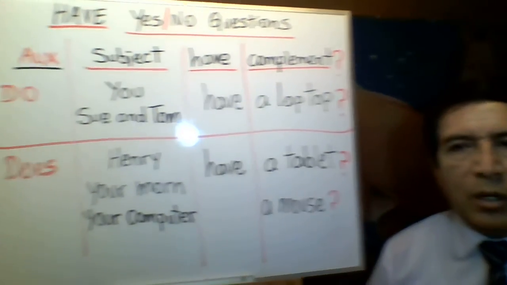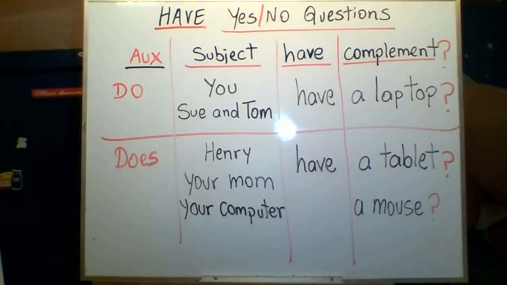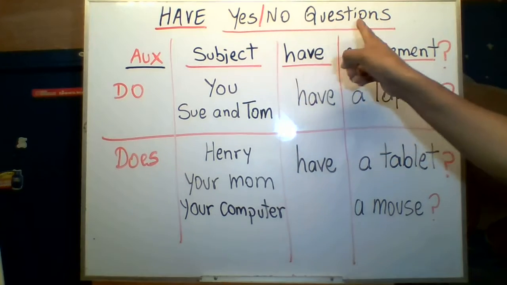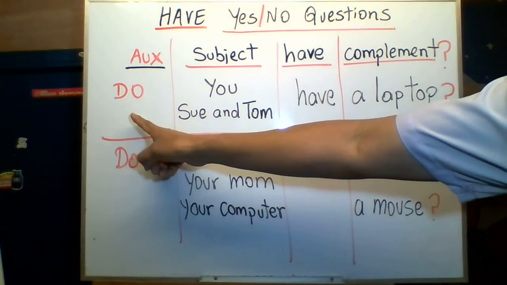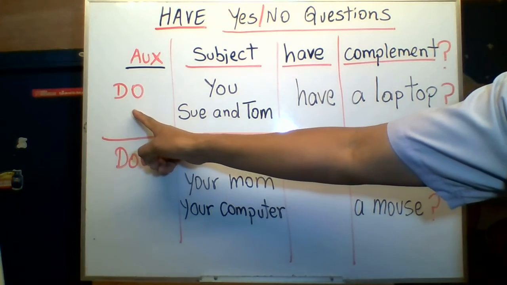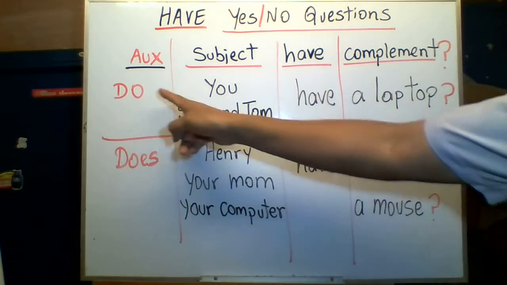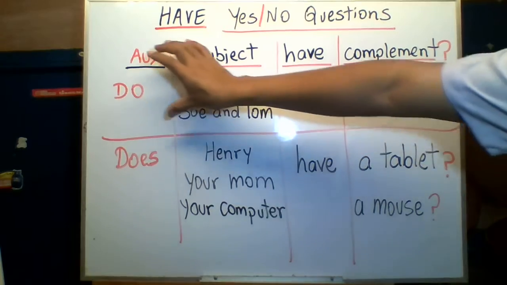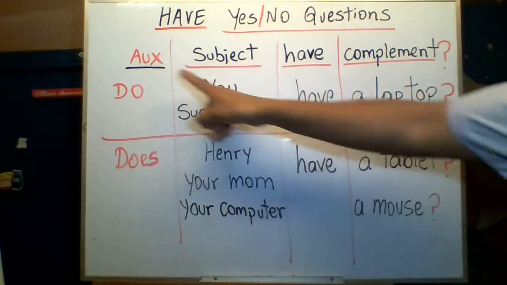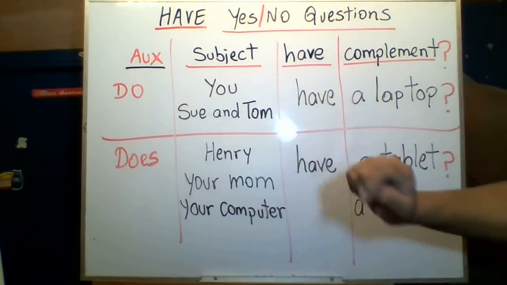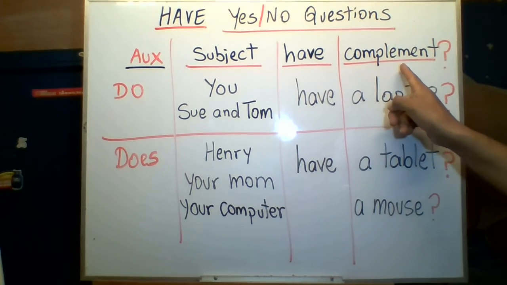For example, look at the board. Today we have the questions with the auxiliary do for you, they, we, and I. You need this structure: auxiliary, subject, the verb have, and the complement.